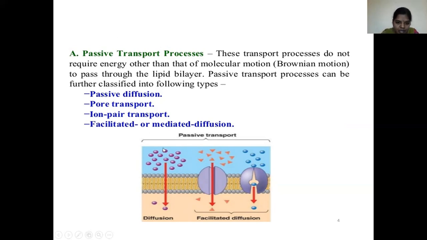In this graph, the passive transport mechanism is explained. See diffusion, these are the diffused particles, your drug particles. So these will be diffused into the systemic circulation. In case of facilitated diffusion, the same thing happens, but the major difference between normal diffusion and facilitated diffusion is that it promotes more absorption of drug particles. That's it.